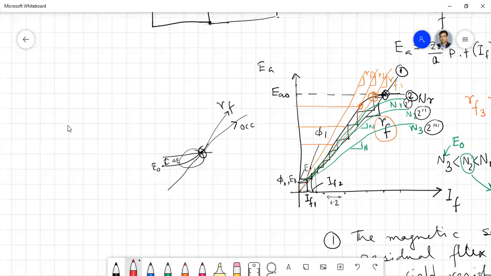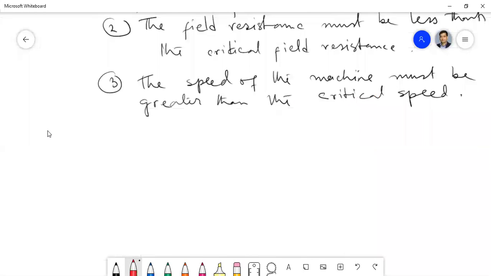Okay, so practically what happens? Suppose you are starting the machine, and you are expecting some voltage will build up.